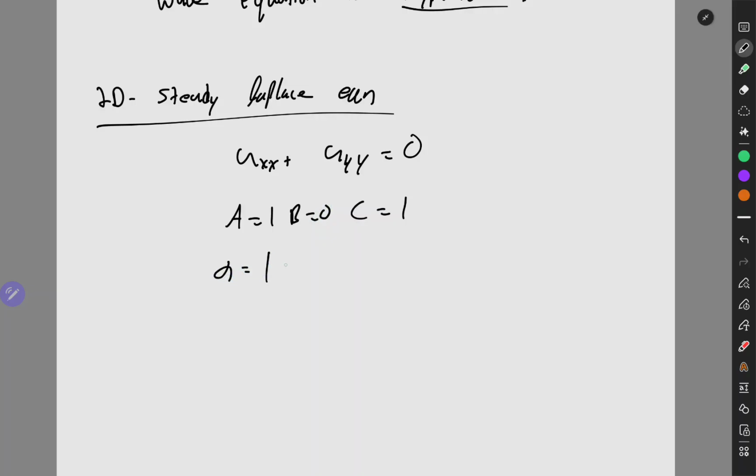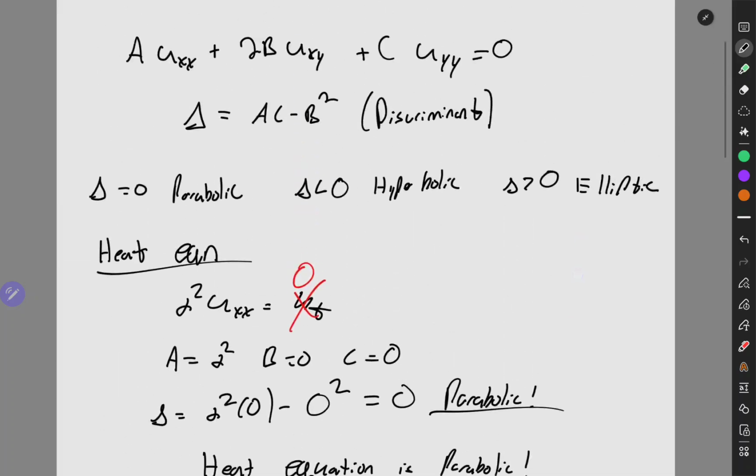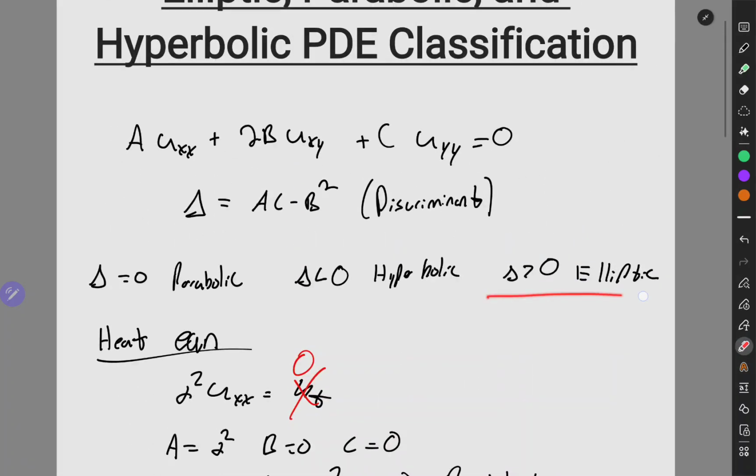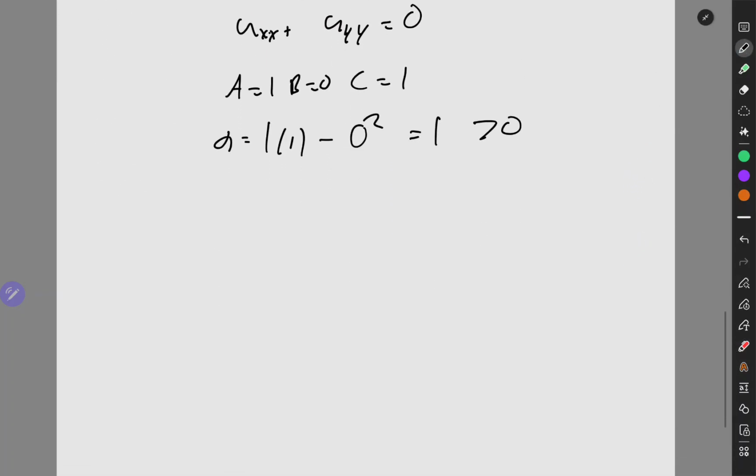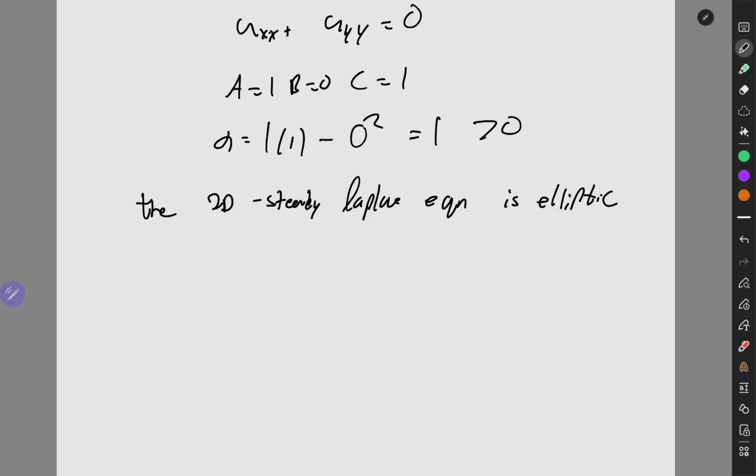That is 1 times 1 minus 0. That's 1, which is greater than 0. If it's greater than 0, it is elliptic. The 2D steady Laplace equation is elliptic. So those are the ones we've been working with.